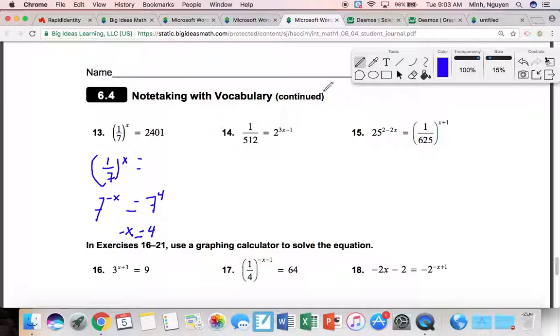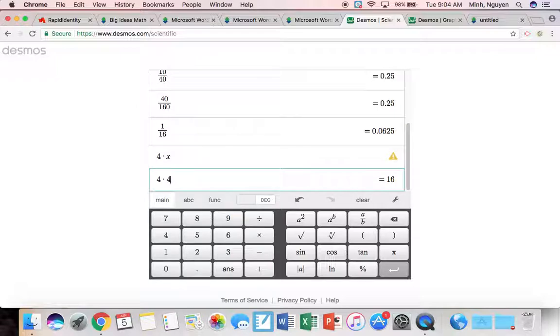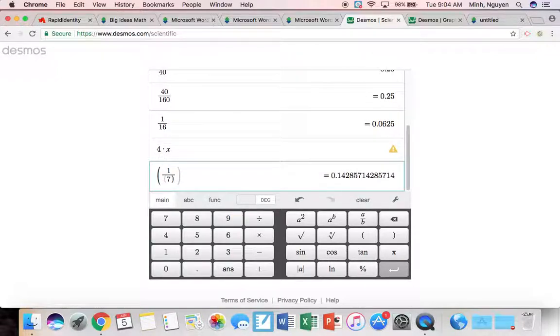Sorry, x equals negative 4. So 1 divided by 7 to the negative 4. Boom.